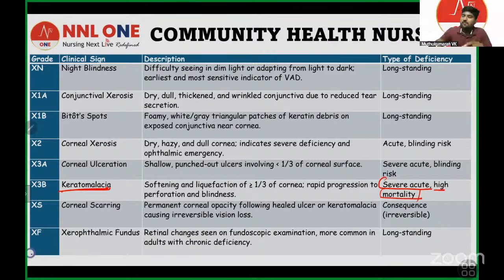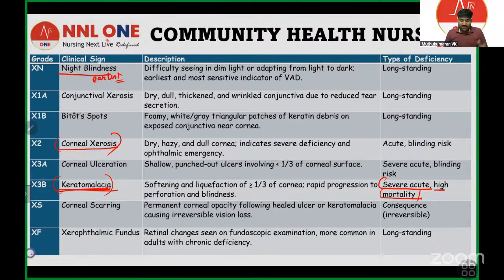If they're asking about the acute phase, then it is corneal scarring. If they ask what is the earliest sign of vitamin A deficiency, that is night blindness. Earliest, the keyword is very important. So what is severe acute vitamin A deficiency? When the words severe acute come, and a high mortality rate, then it is keratomalacia.